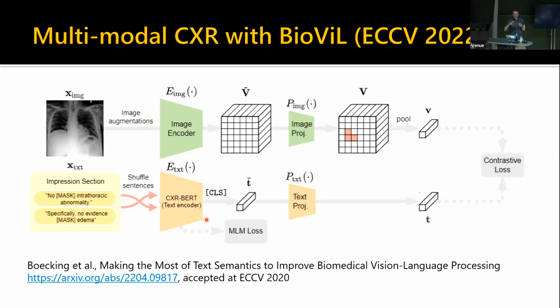There's a lot more fine-tuning happening on the language side that I can't really talk about here, so please do have a look at this paper. We get the CLS token out, we again project it, and then get a text embedding as well. We take the text embedding and the image embedding, feed it into a symmetric contrastive loss function, and then let the model learn.